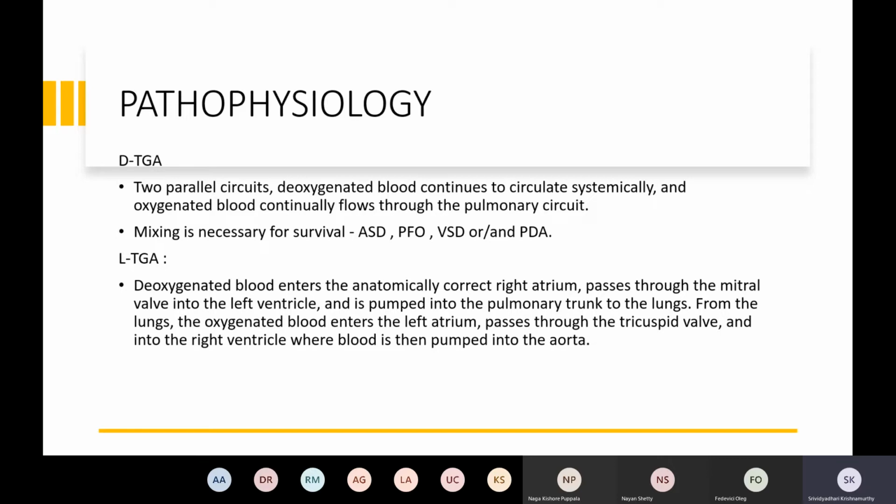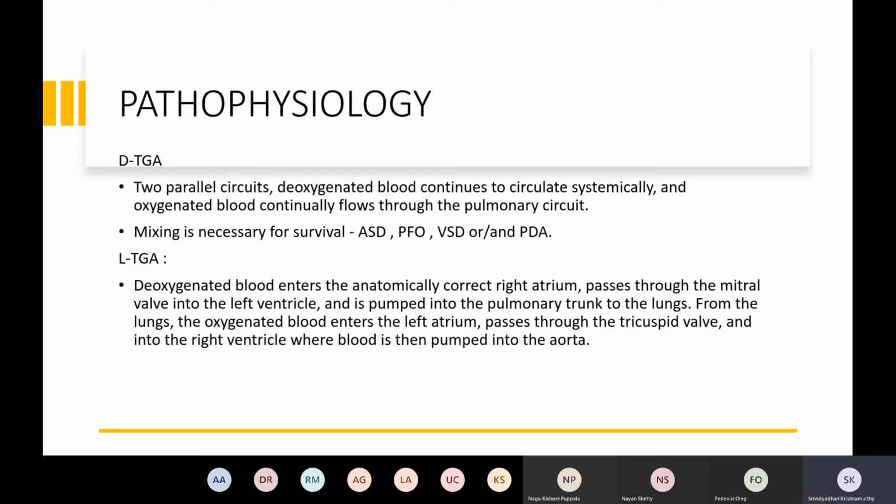And then the blood from the lungs comes into the left atrium, goes into the left ventricle, and then goes back again into the lungs because the pulmonary trunk comes off the left ventricle. So there is hyperpulmonary circulation. There are two independent parallel circulations, and hence if there is no mixing, it is lethal to life.